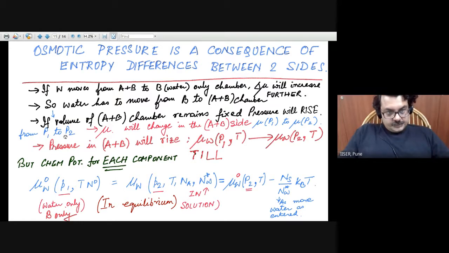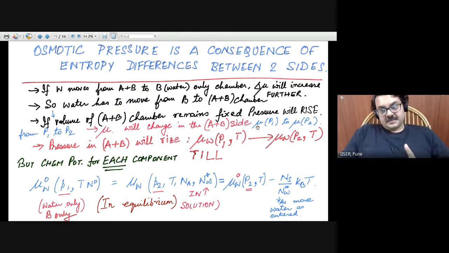P1 to P2. And if it goes from P1 to P2, then the chemical potential also will change in the A plus B side from mu at P1. So this is the chemical potential of water, which was at pressure P1. And remember, Gibbs free energy and chemical potential are all functions of pressure, temperature, and number of particles.